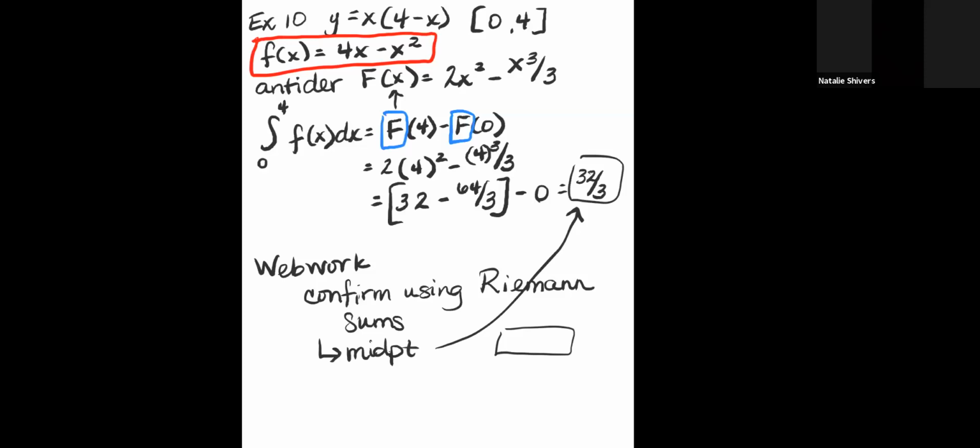Okay, one last problem. Okay, example 11. Here's the two functions. f of x equals x squared e to the negative x.